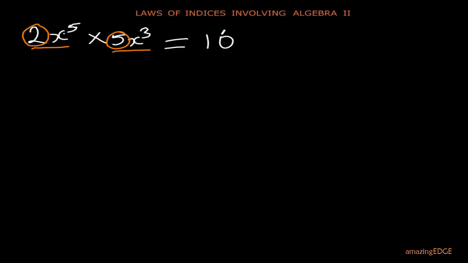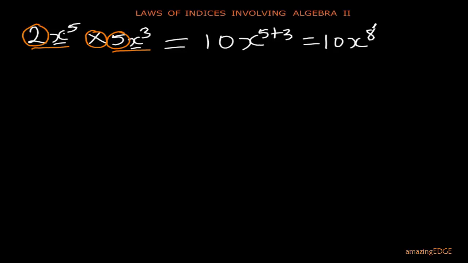We have x raised to power 5, and here we have x cubed. Because x is the common base, we pull out the x. Again, we observe we have a multiplication here. Because we have a multiplication, we have to involve addition in the index. So this will give us 5 plus 3, and we return this as 10x raised to power 8.